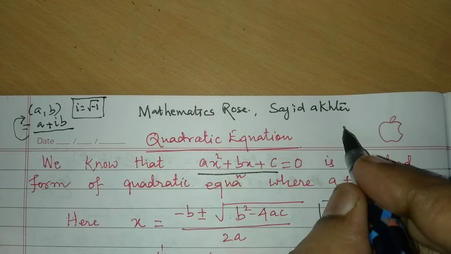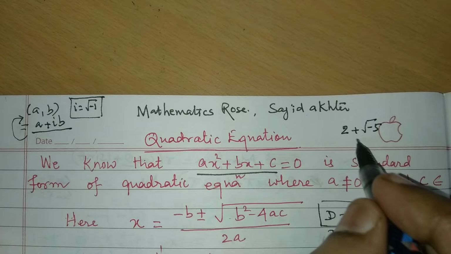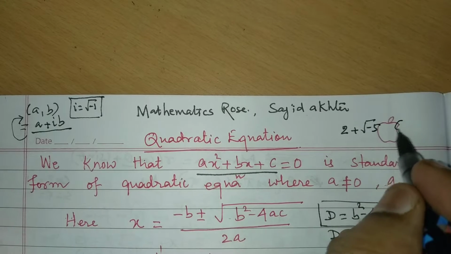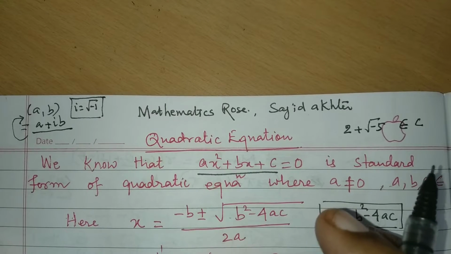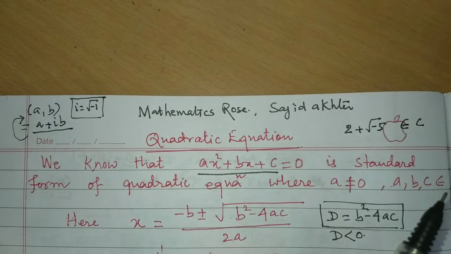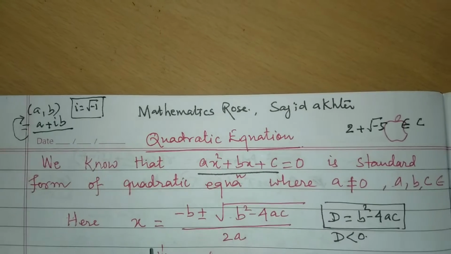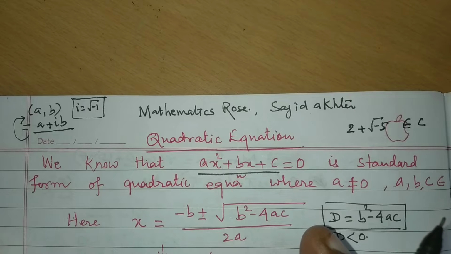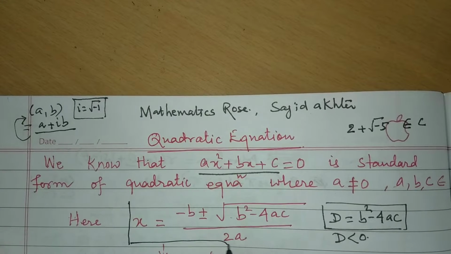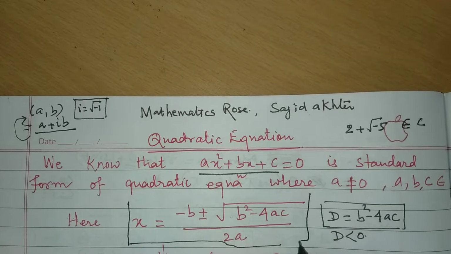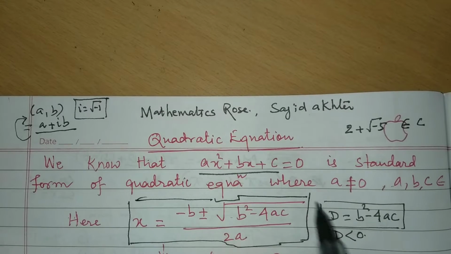Suppose we take 2 plus root under minus 5, it is always a complex number, it belongs to C. The complex numbers contain all the real numbers and imaginary numbers also, and we can represent a complex number in the Argand diagram. This formula is by the Indian mathematician Sridharacharya.